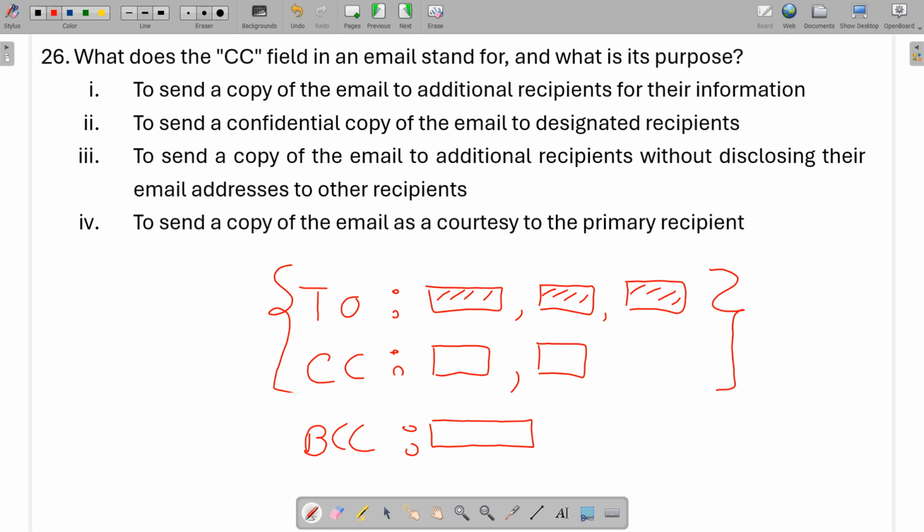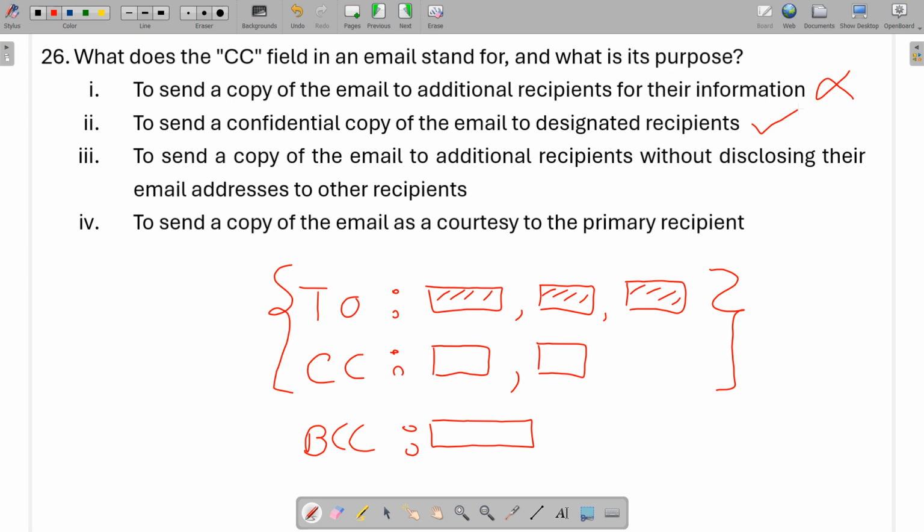So the first one says to send a copy of the email to the additional recipient for their information. Not really. To send a confidential copy of the email to designated recipients. So it seems to be the correct one. Let's see the third one. To send a copy of the email to additional recipients without disclosing their email addresses to other recipients.